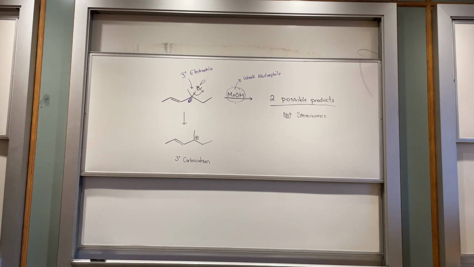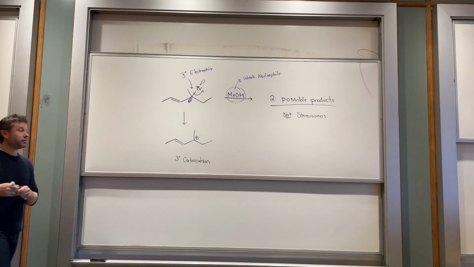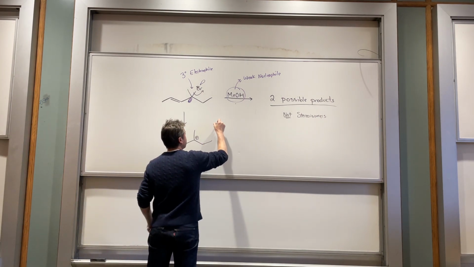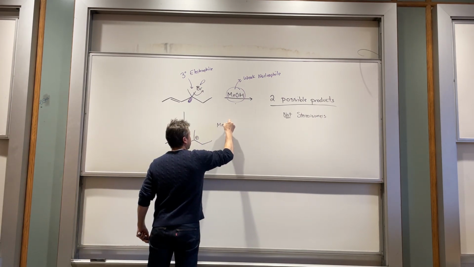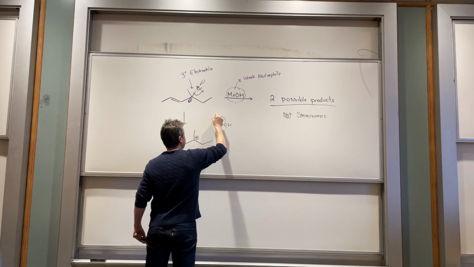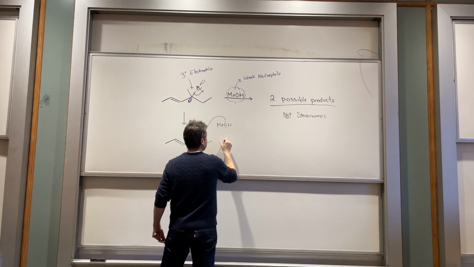What's going to happen then with this carbocation? Great. So methanol takes its lone pair on oxygen and adds to the carbocation center.